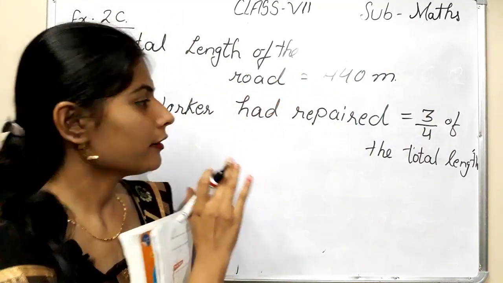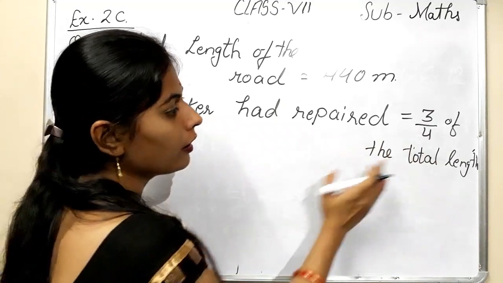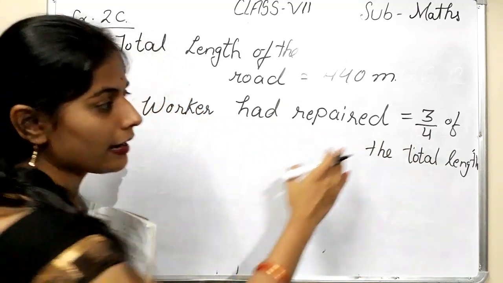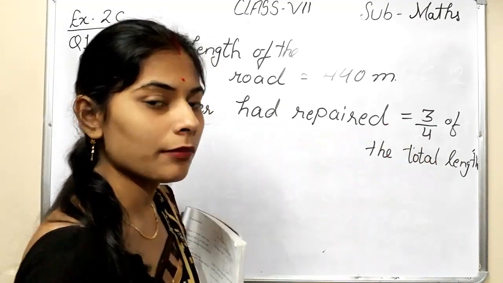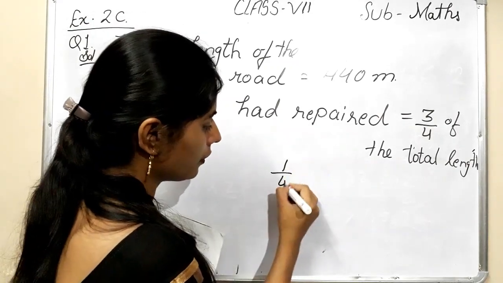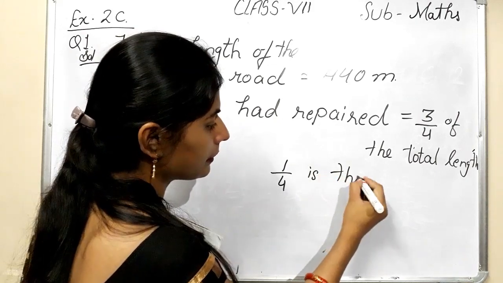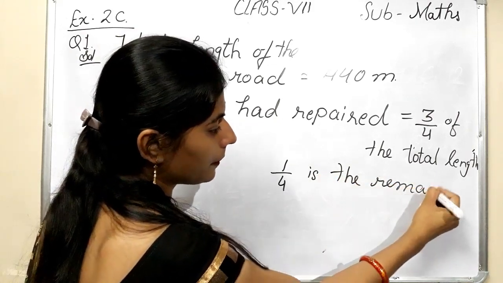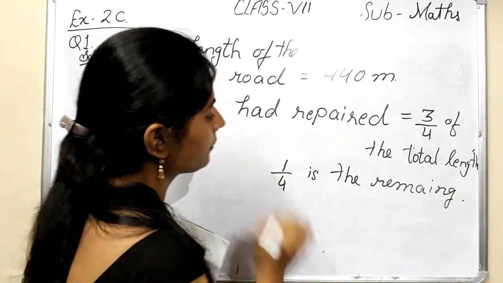Workers had repaired 3/4 of the length. Now if they have repaired 3/4, then how much part is remaining? That is 1/4 is the remaining part.